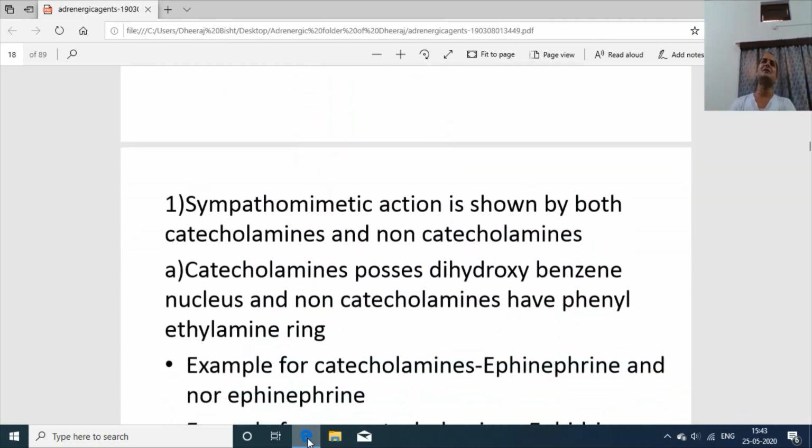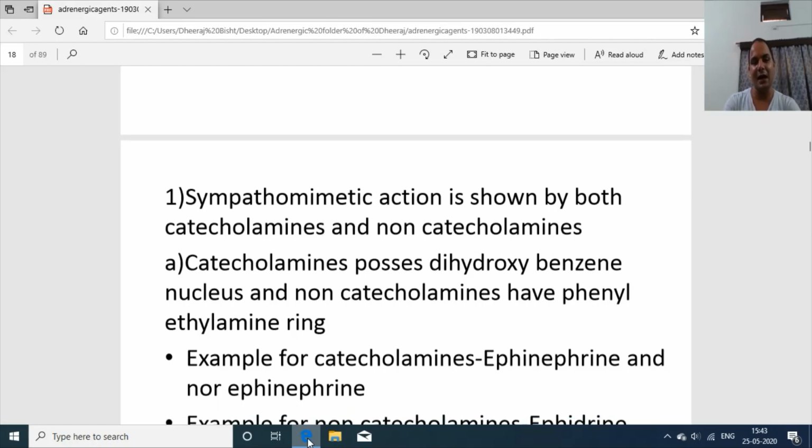So now we discuss the SAR points one by one. First point in SAR, the sympathomimetic action is shown by both catecholamines and non-catecholamine drugs. Again listen, sympathomimetic action is demonstrated by both catecholamine and non-catecholamine analogs.